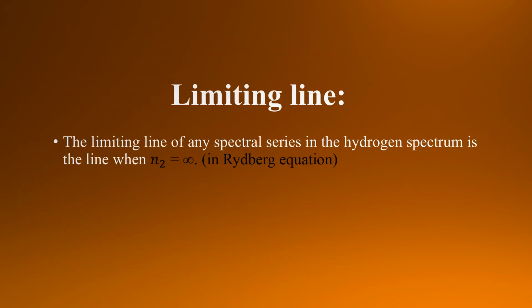Limiting line. The limiting line of any of the spectral series in the hydrogen spectrum is the line when n2 is equal to infinity. From the Rydberg equation, if the value of n2 becomes infinity, then we get a special type of line, known as the limiting line.